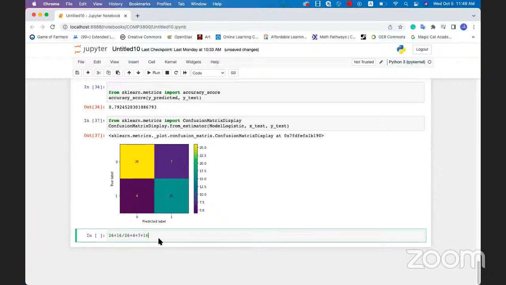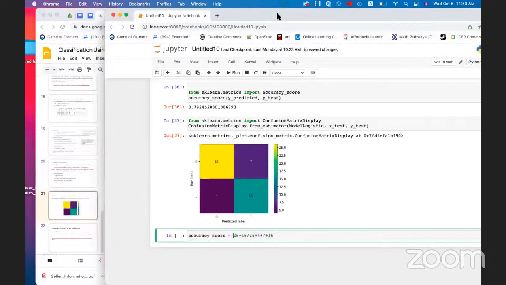Okay, it's an accuracy score. There are other methods to evaluate whether the model is good or not, but this is the commonly used score.